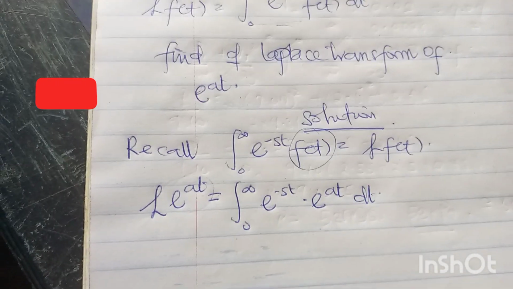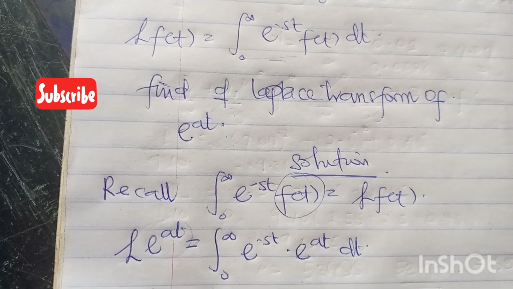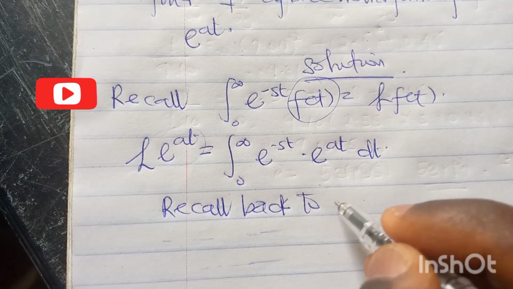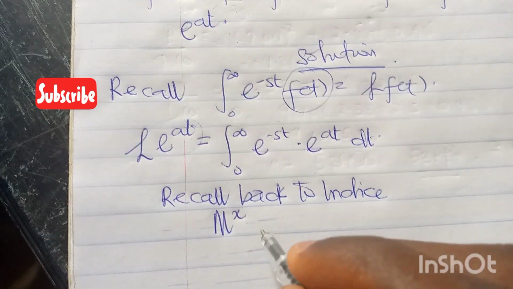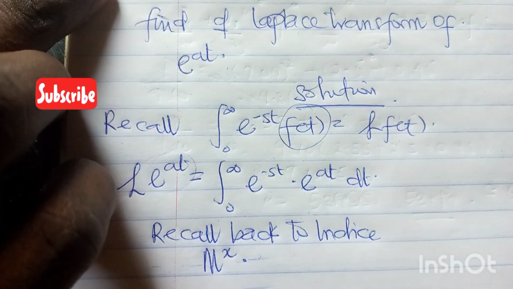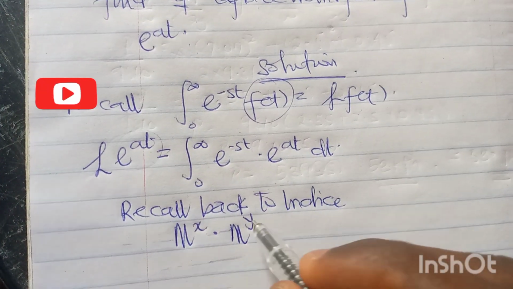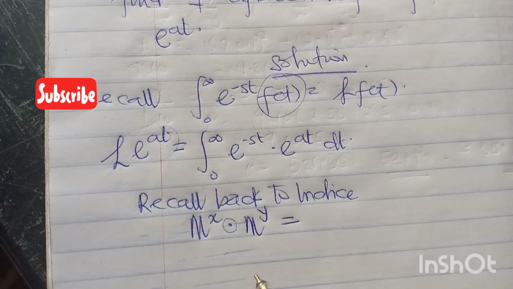Now if you recall back to indices, whereby we have m raised to the power of x times m raised to the power of y equals, in indices, multiplication is what? Plus.